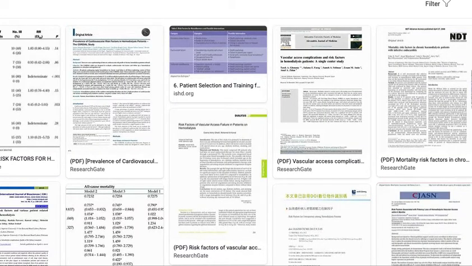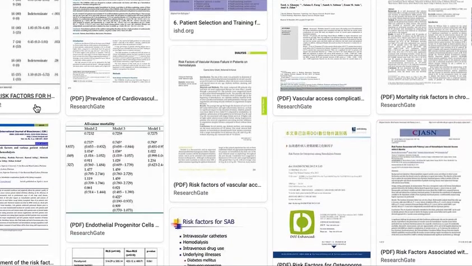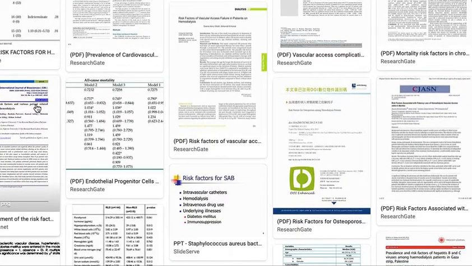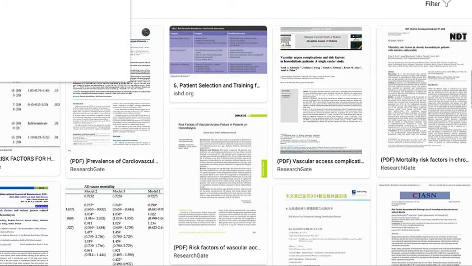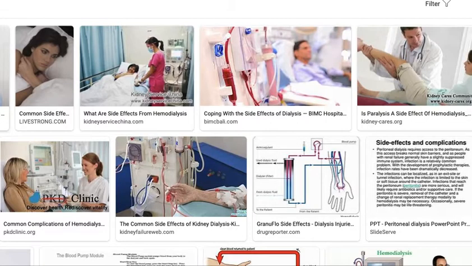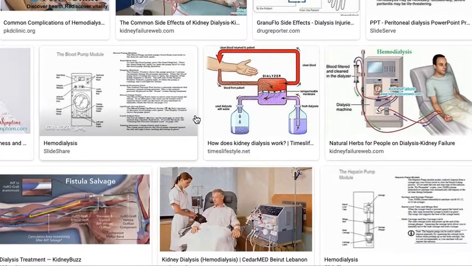One is low blood pressure, so hypotension can occur. Thrombosis can occur, infective endocarditis can occur. So there are a lot of adverse effects of this.